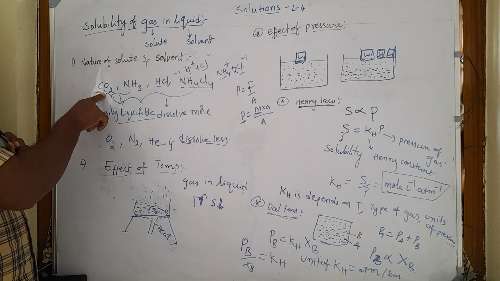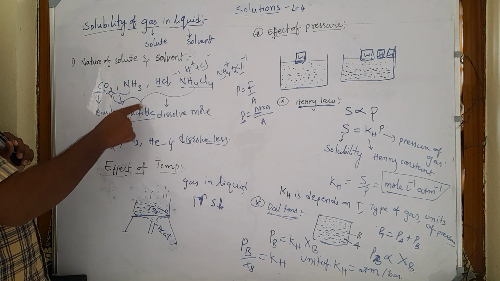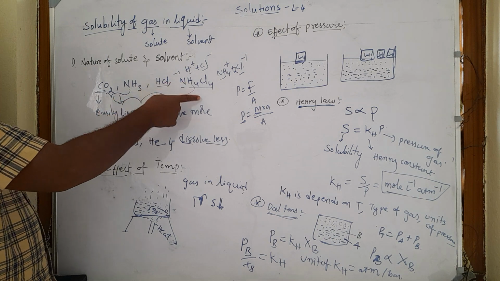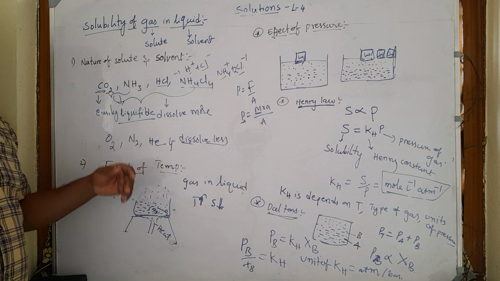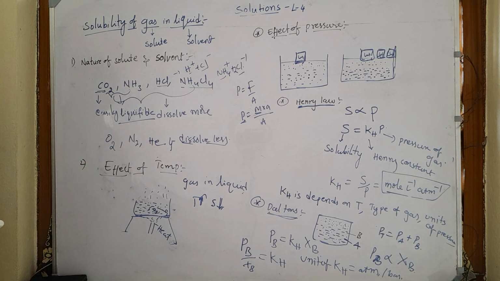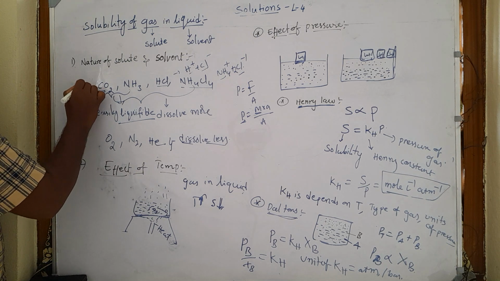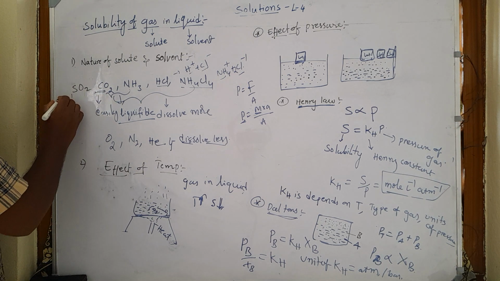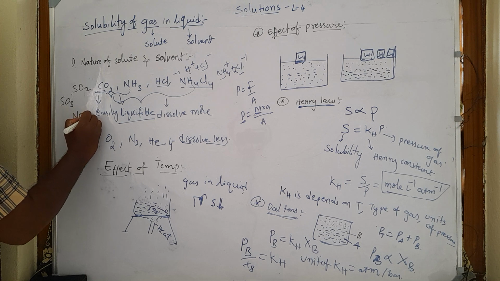Carbon dioxide reacts with water to form carbonic acid, ammonia forms ammonium hydroxide, and HCl and NH4Cl form ions. Whereas O2, N2 and helium also dissolve, but in very small quantity. Likewise, SO2 dissolves more, SO3 dissolves more, and NO2 dissolves more.